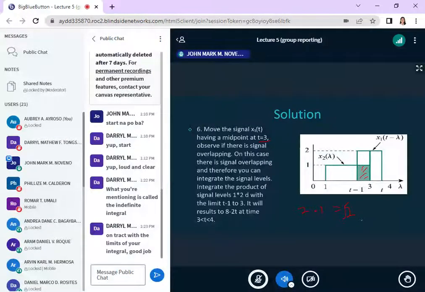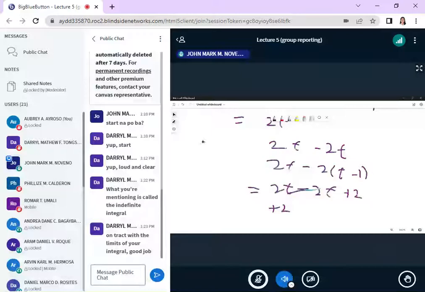Siguro hindi na natin babalikan ng maayos, isa-substitute na natin ng maaga. Magiging limits natin dito ay t minus 1, which is ito, hanggang dito sa 3, kasi ito lang yung nag-overlap. Hanggang 3. T minus 1 hanggang 3. So, balikan na naman natin computation natin.